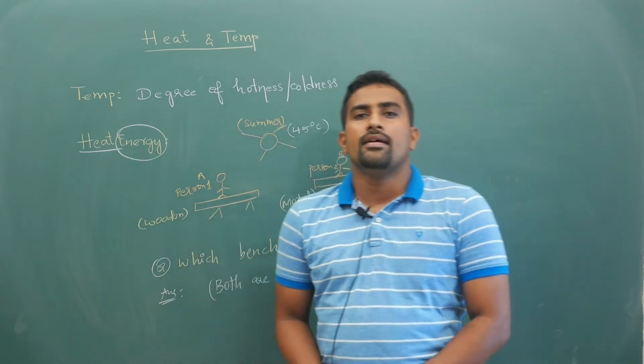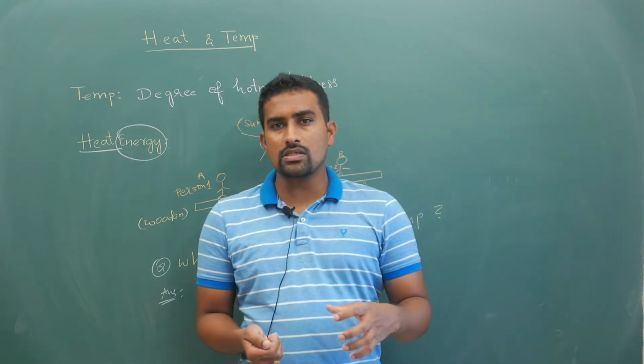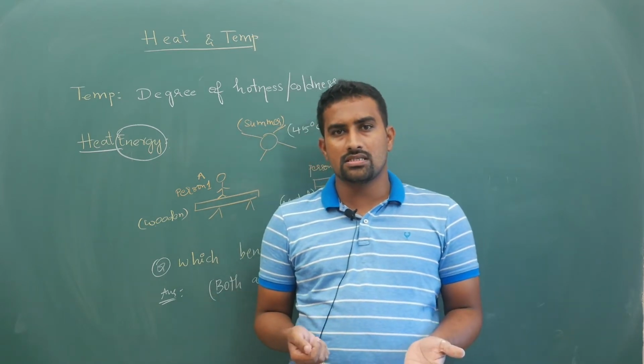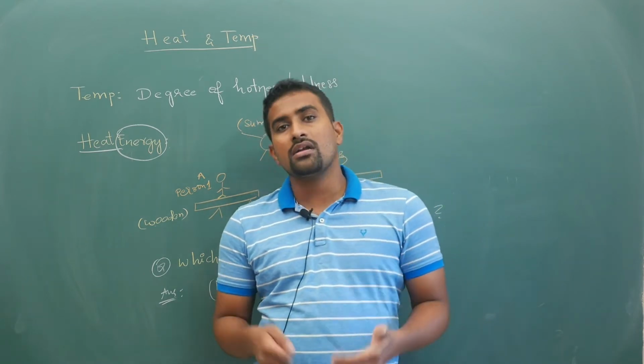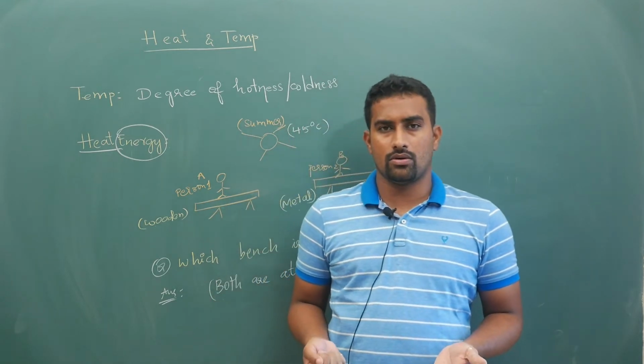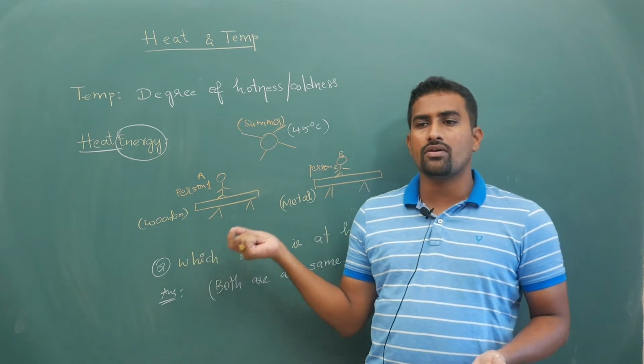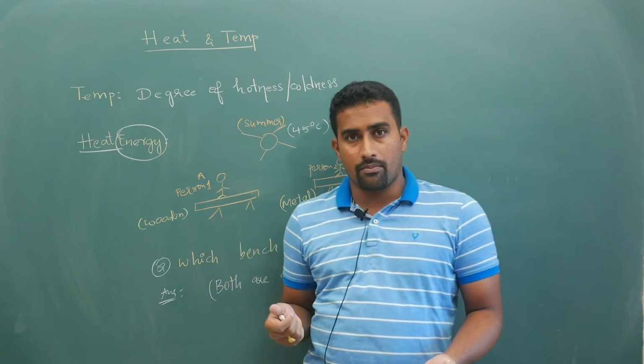Here temperature is completely a different idea, heat energy is a different idea, and your hotness and coldness is also a different idea. So here temperature is the same, that degree of hotness and coldness will be same.